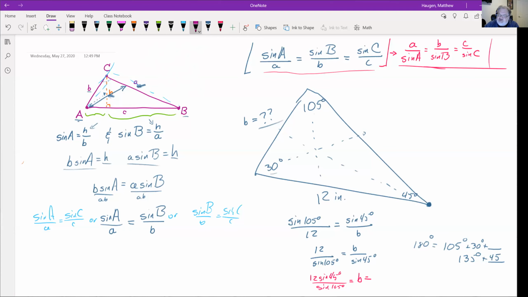Cool. So it's not that these all have the same value. This doesn't have the same value as c over sine c, but the ratios are still equal. Nicholas, does that make sense? Cool.